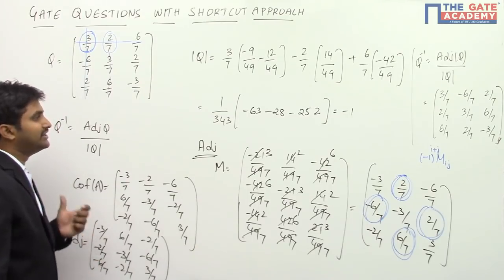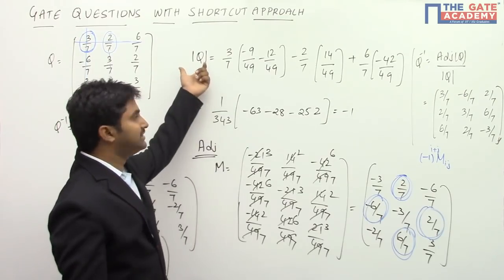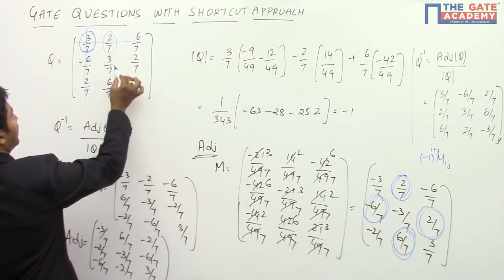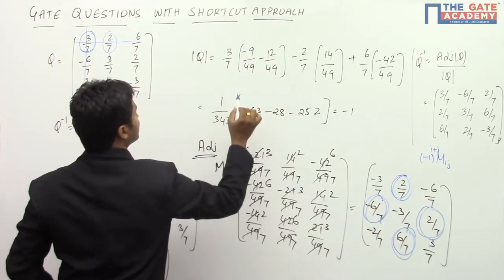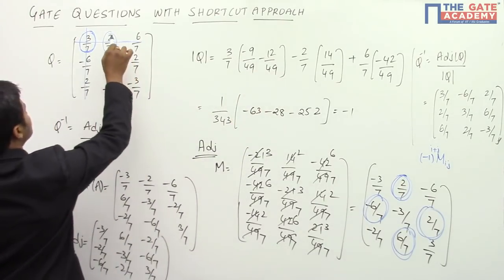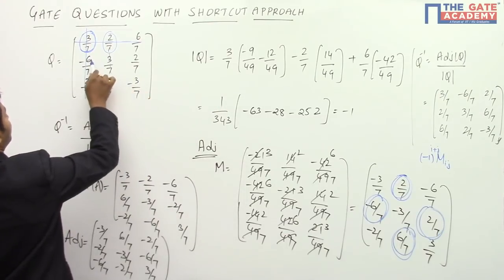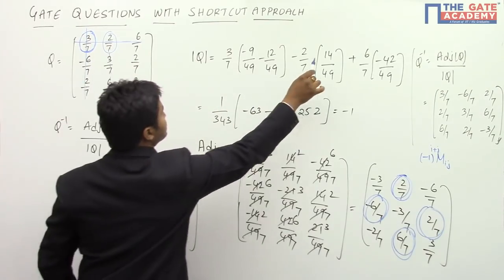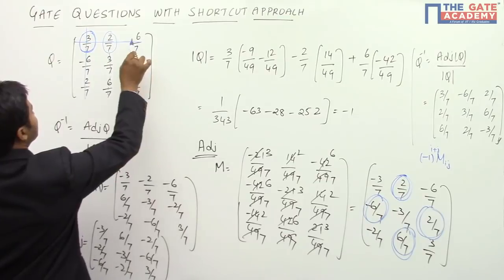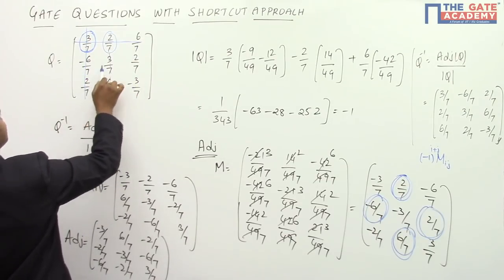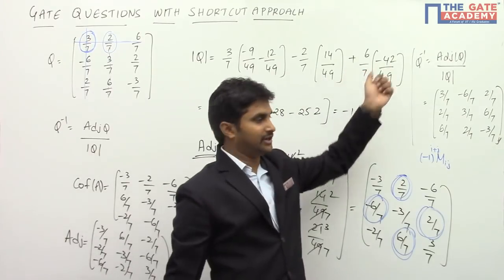Once you find the adjoint, you only have to find the determinant. The determinant is given by 3 by 7 into minus 3 by 7 minus 12 by 7, minus 2 by 7 into 18 minus 4, which is 14 by 49, plus 6 by 7 into minus 36 minus 6, which is minus 42 by 49.